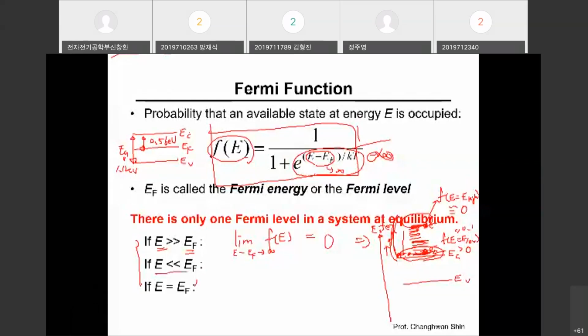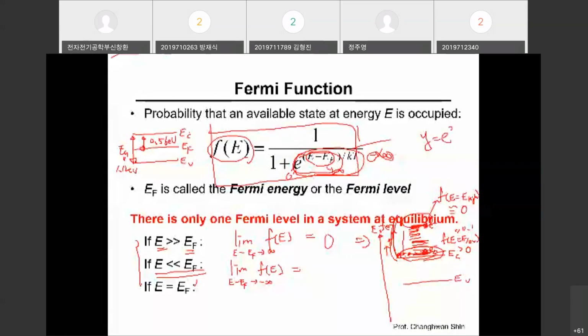All right, the second one, the limit of E minus EF going to minus infinity. Then what would be happening here? So here E minus EF goes toward minus infinity, then this term will become 0, right?